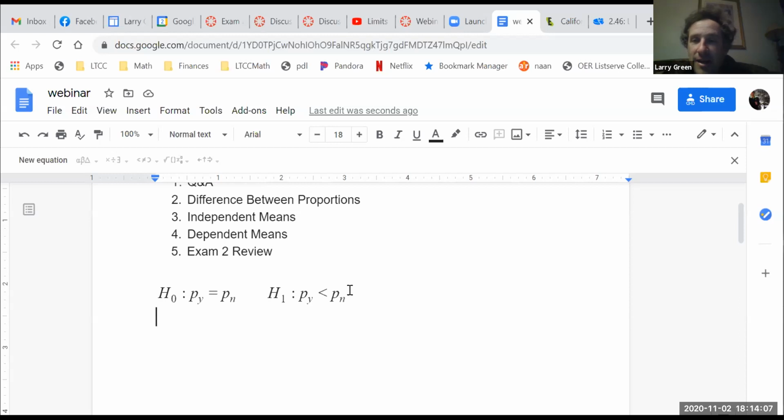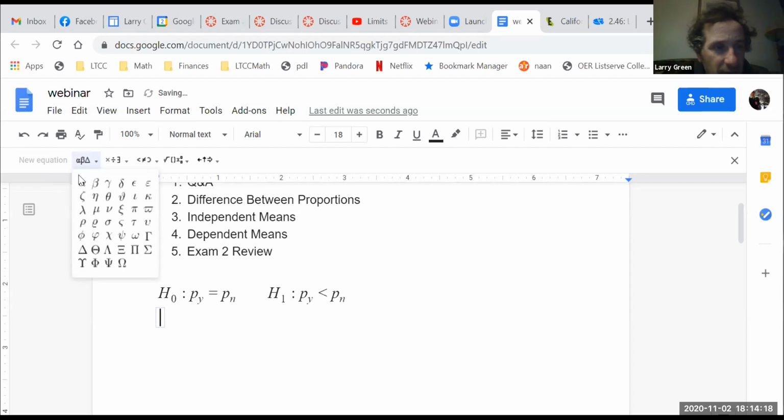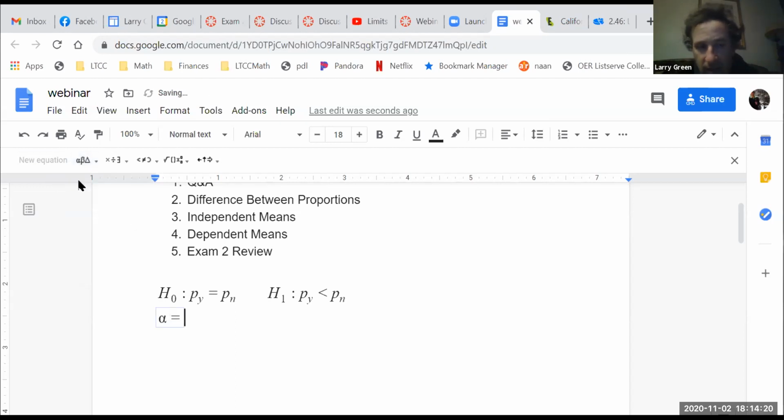What number, if you're doing politics? Yeah, 5%. So I'm going to let the level of significance be 5% because that's standard. I'll call it 0.05. Any questions on that?